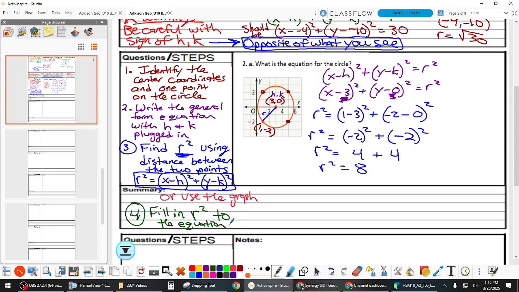So our final is going to be x minus 3 squared plus y minus 0 squared equals 8. That's the equation of that circle right there. Pretty cool, right? You could be given some random circle, but you can write the equation for it. Now you have the definition of every point on that circle.